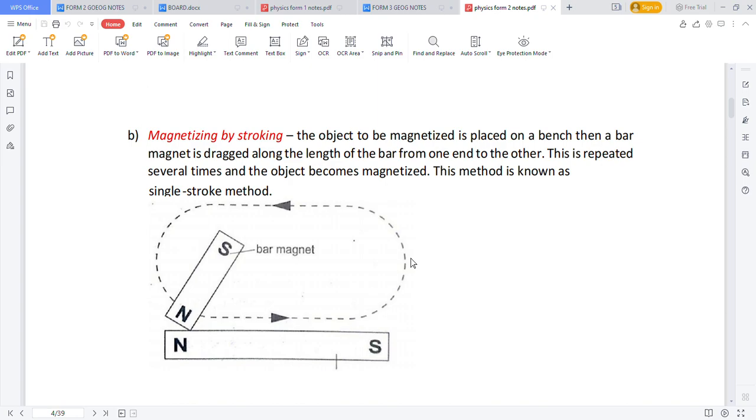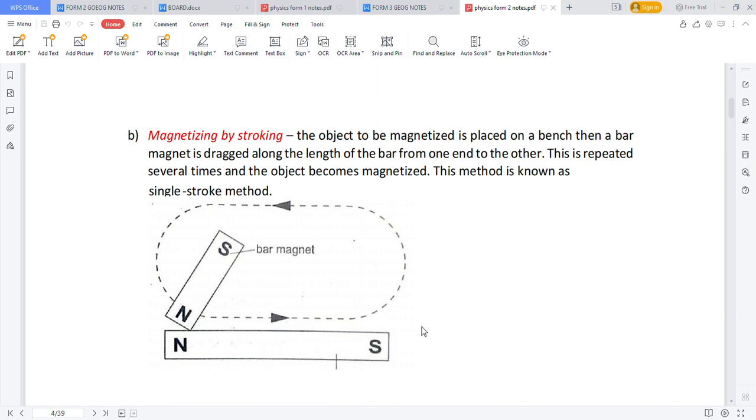As you can see, if you are magnetizing by stroking, the end at which you make a corner, or turn, will acquire the opposite pole to the one in contact with the bar magnet. So you see here we have a North Pole.